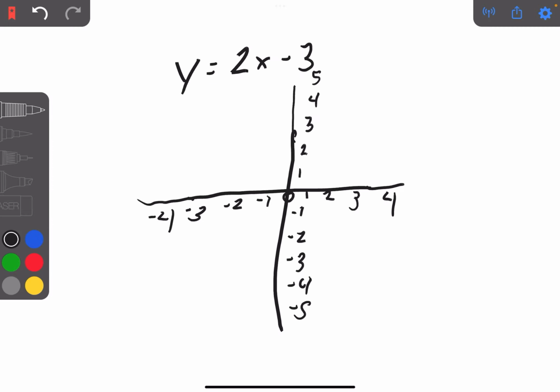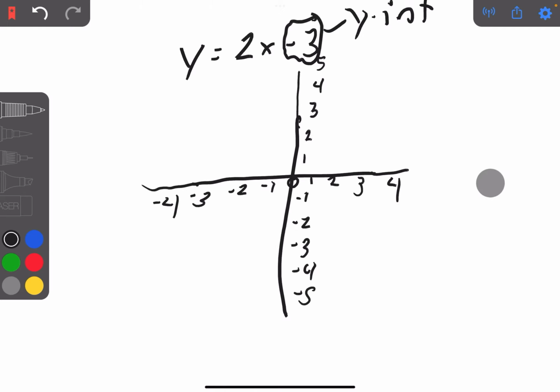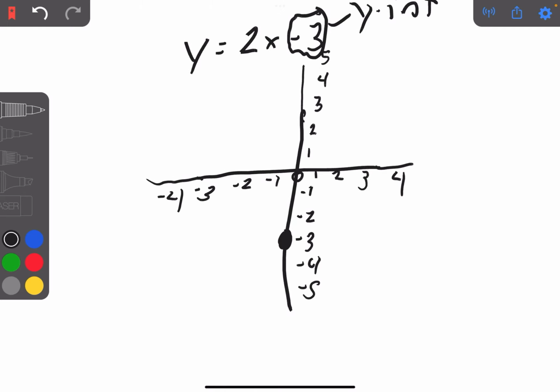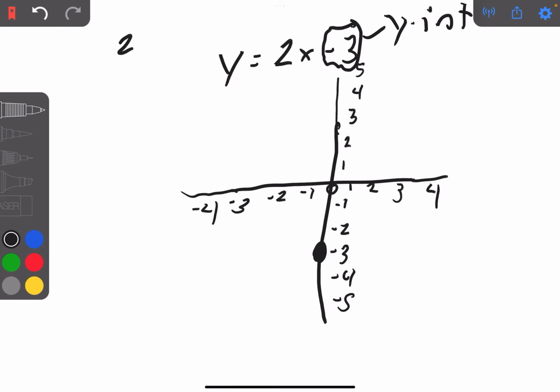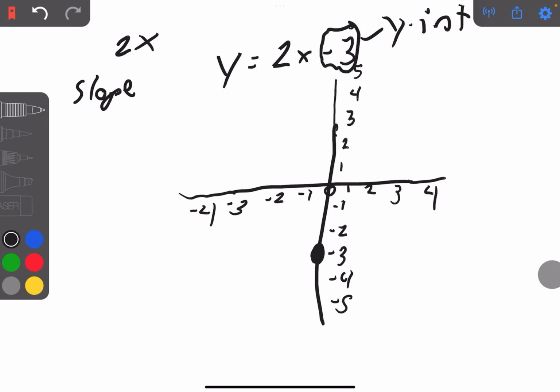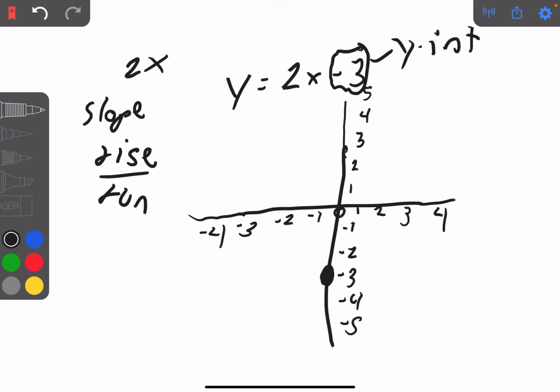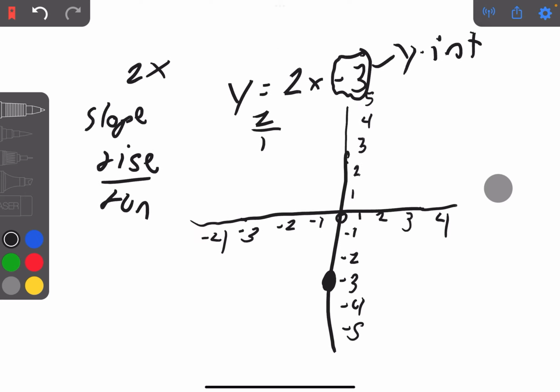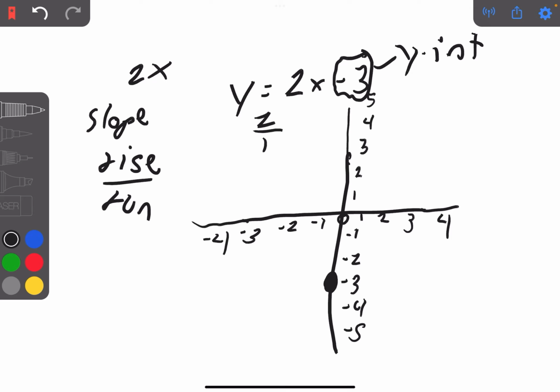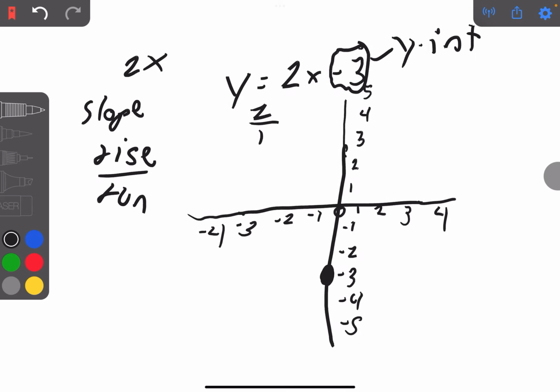So the first thing we want to do is plot our starting point. Our starting point will be our y-int. So it's -3, so we'll just shade in -3. Now we've got 2x. So slope is rise over run. So we've got 2 over 1, right? Because 2 is technically 2 over 1. So rise is 2.